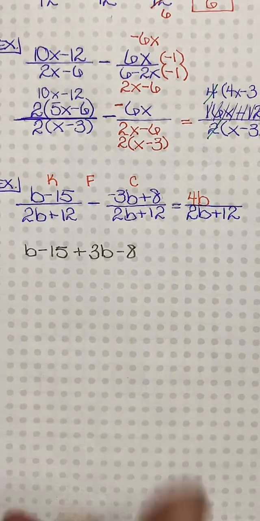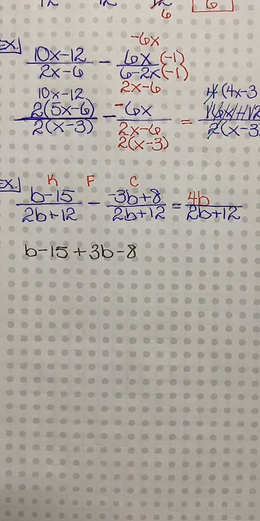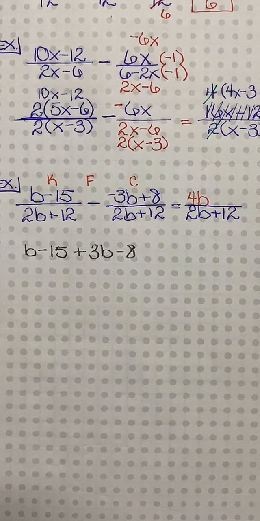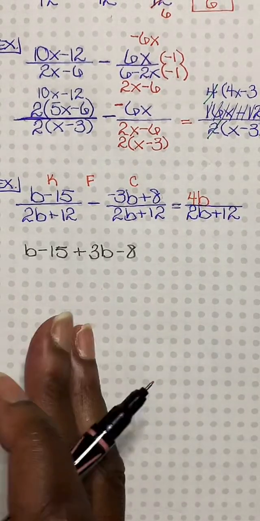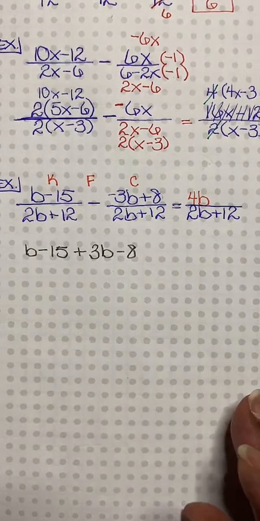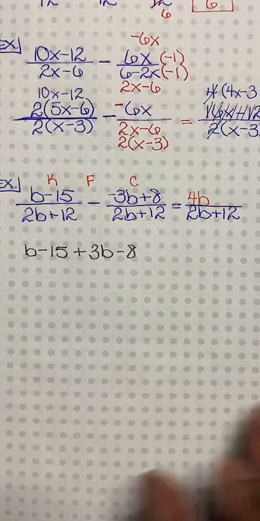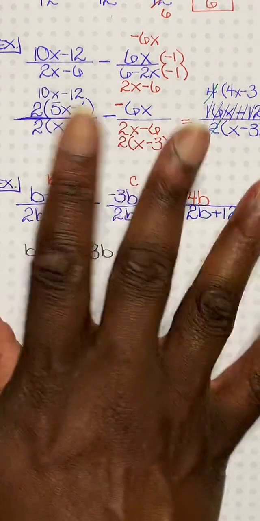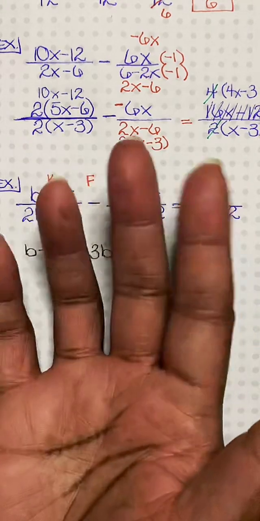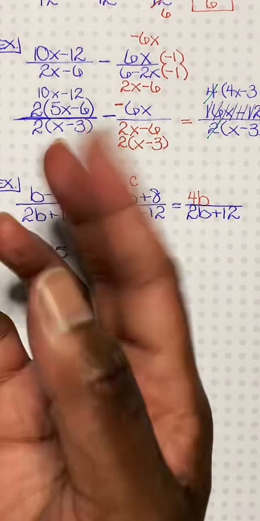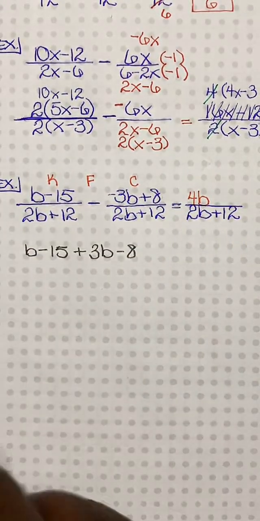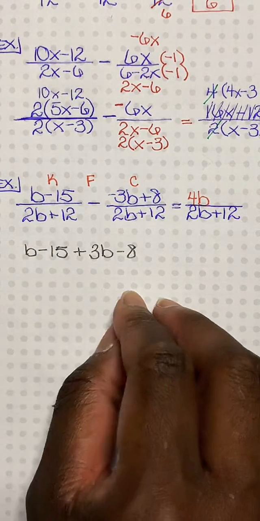Our brains, and I don't know about stuff in the US, we are programmed, even when we were younger, the first thing that we learn how to do is addition. You notice that? The first thing we always learn how to do is addition. We have our counting numbers. The reason why they call it counting numbers is because we count on our fingers, right? So we know how to do addition.